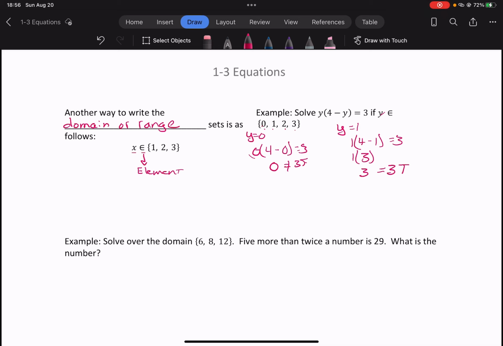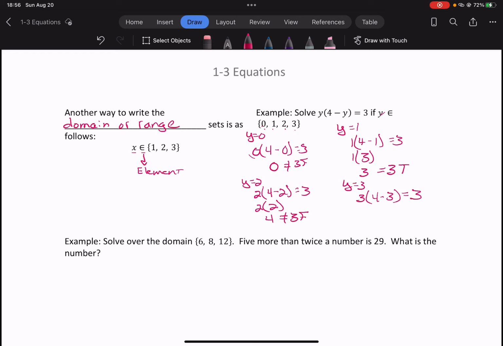So let's look at Y equals 2. 2 times 4 minus 2, does that equal 3? Well, 4 minus 2 is 2, 2 times 2 is 4. 4 does not equal 3. That is false. Well, what about if Y equals 3? We do 3 times 4 minus 3.